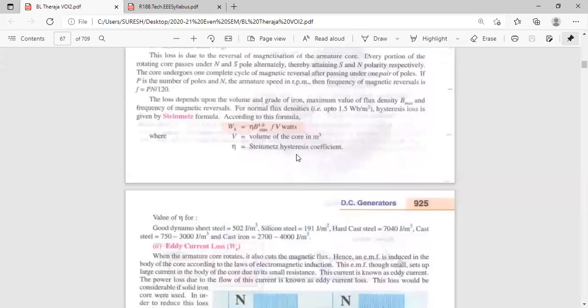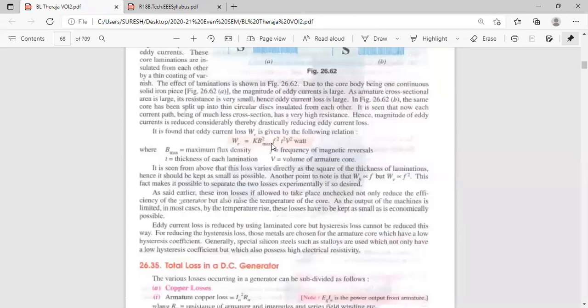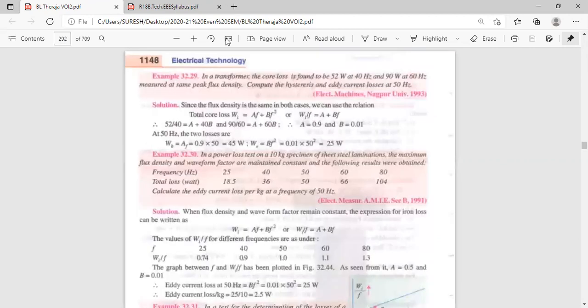But see, in the previous case, WH is proportional to F. Observe the difference. WH is proportional to F. But here WE is proportional to F square. So these are the two losses. Iron loss is divided into two types: hysteresis loss and eddy current loss.